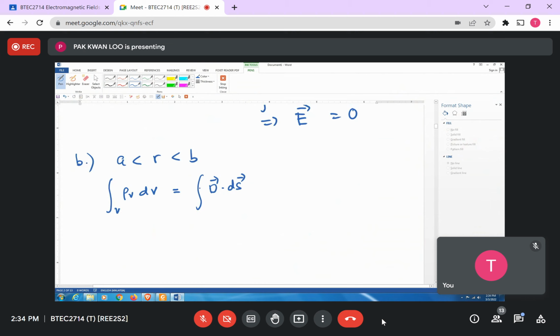So remember, put a circle that represents the closed surface, and the volume is the volume defined by the Gaussian surface.